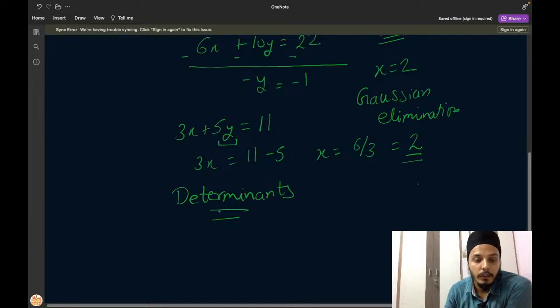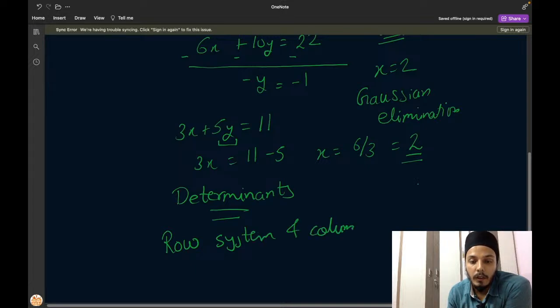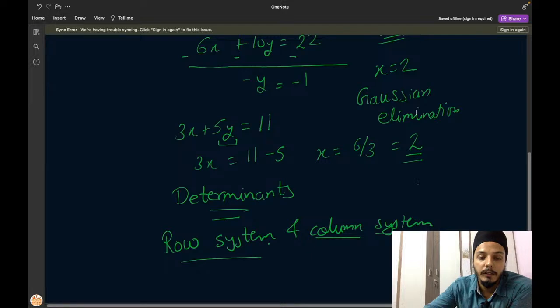So there is something other than solving the equations. We see these equations as a row system or as a column system. So in linear algebra we have a row system and a column system. There are two types of system here, row system and column system.